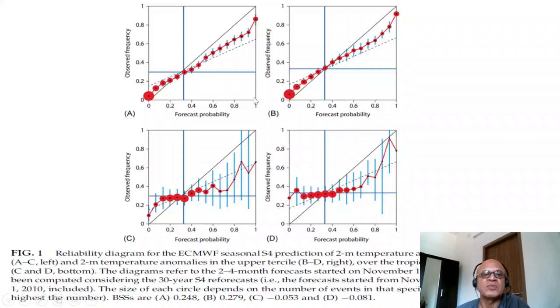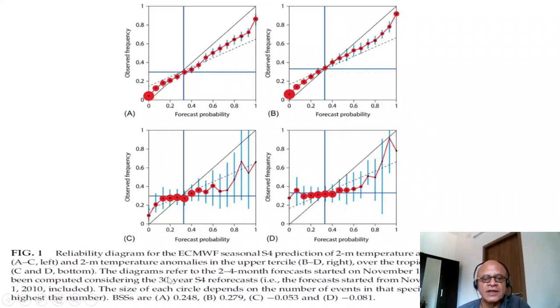So forecast probability versus observed frequency, so P given O. If the model ensemble is perfect, then you should be on this diagonal line. And when you deviate, your Brier score is changing, and your Brier skill score reduces as you get away from the diagonal line.